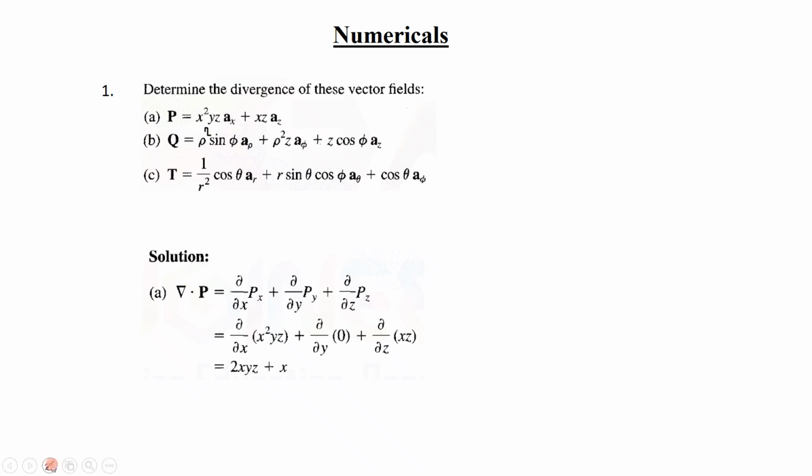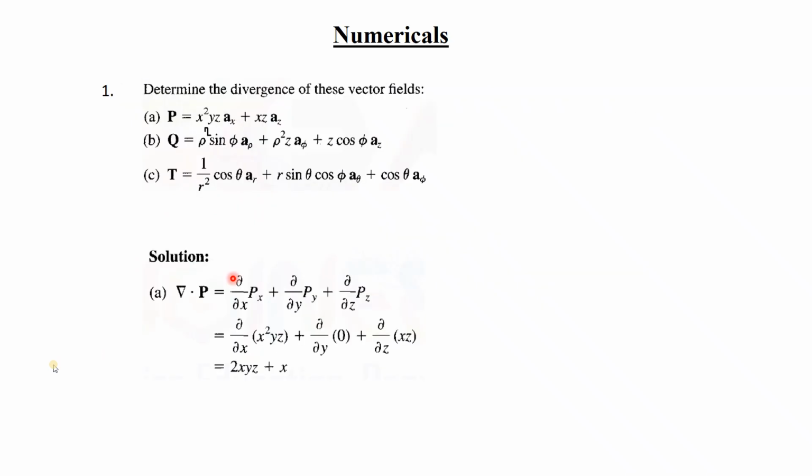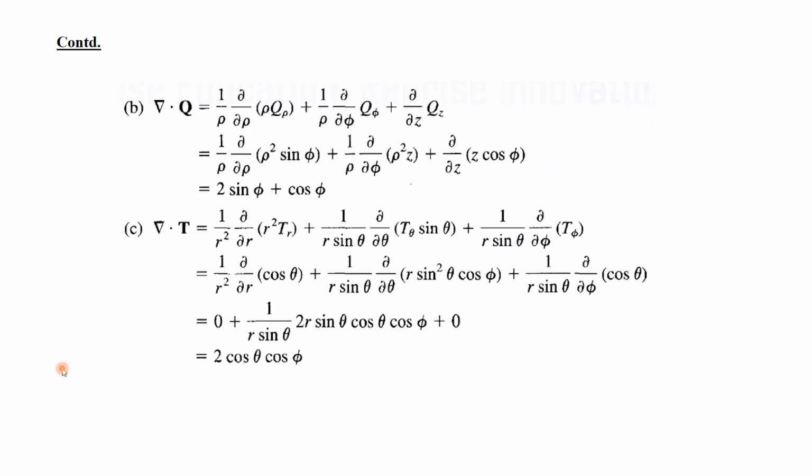It is rho square. So the partial derivative of rho square sine phi is equal to 2 rho sine phi. Oh sorry, rho is multiplied over here, because in the cylindrical coordinate system it is rho times Q rho. So rho into rho sine phi is rho square. Okay, so in that way.